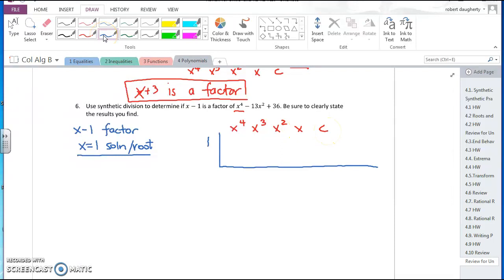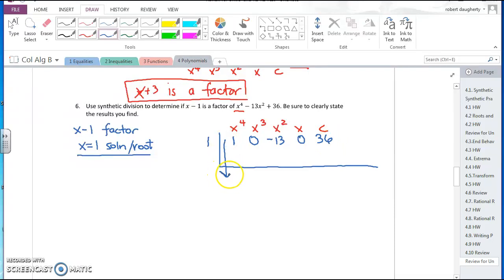So if I write down those coefficients, I've got 1x to the 4th, 0x cubed, minus 13x squared, 0x, and a 36. Okay, there are a couple of 0 placeholders that had to be put into this problem.